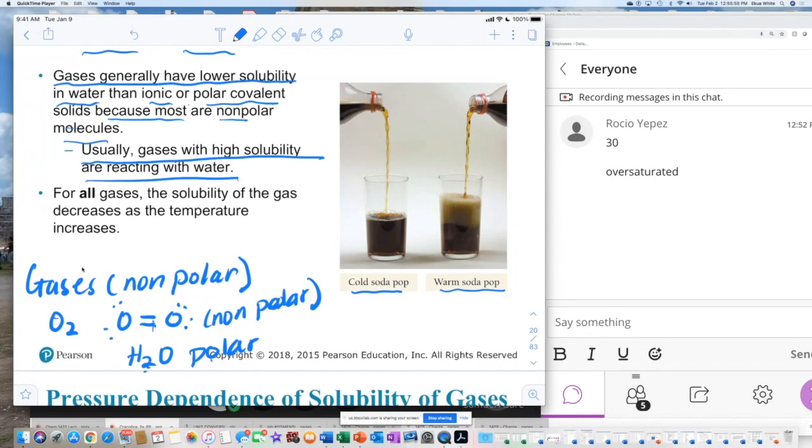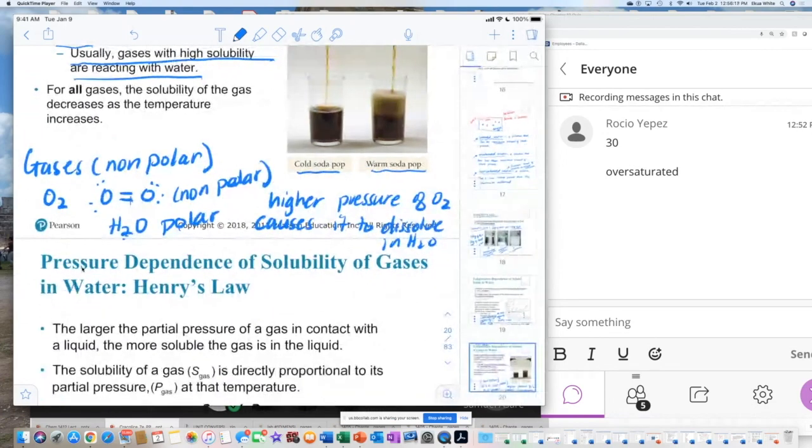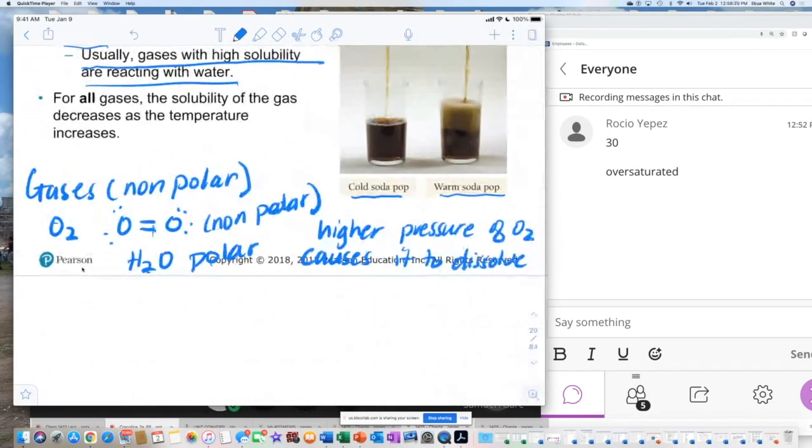So, since we're not getting hotter just to dissolve it, the bottom line here is a higher pressure of oxygen causes it to dissolve in water.